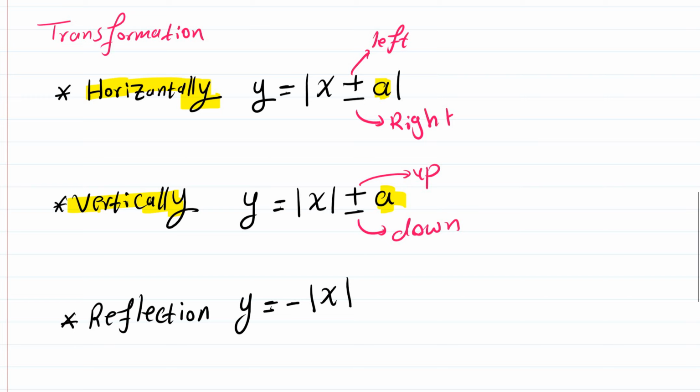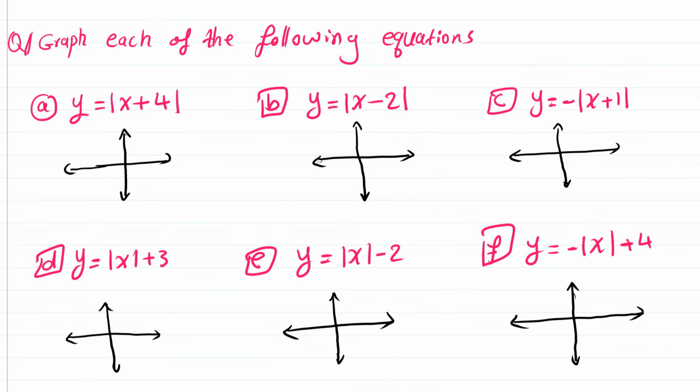And the graph is also the letter V. In one case, we will reflect this letter V. In case you see a negative in front of the absolute value, no matter if the number is inside or outside, the graph is going to be like that. You will reflect.